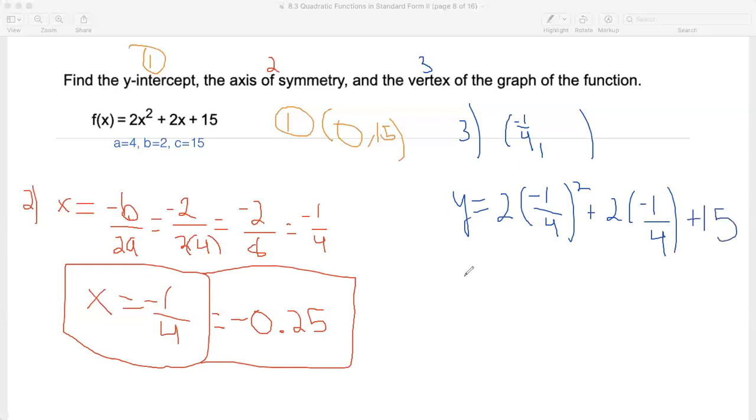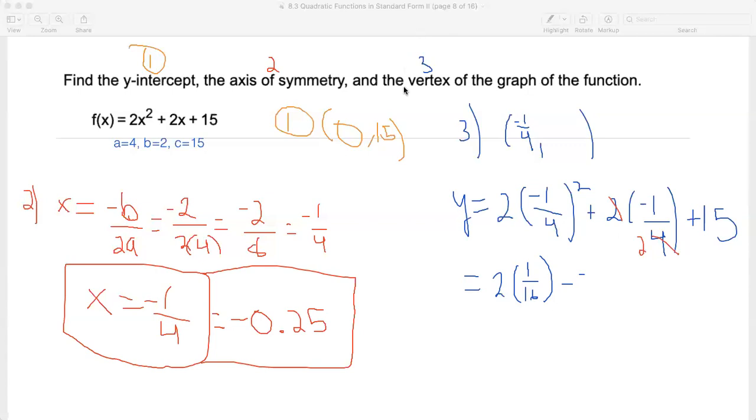Okay, so let's see here. I've got to square negative 1/4, so that would be 2 times positive 1/16, because remember, a negative squared is positive, and then you just square the numerator. So 1 squared is 1, 4 squared is 16. Then this I'm going to distribute, so this would become negative 2/4. Actually, let me go ahead and reduce this, because negative 2/4 is also 1/2.